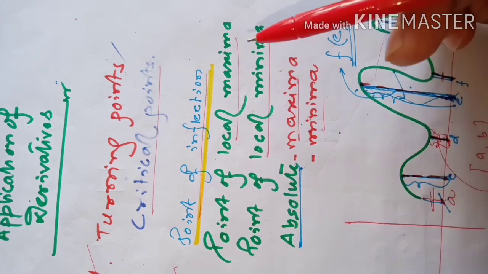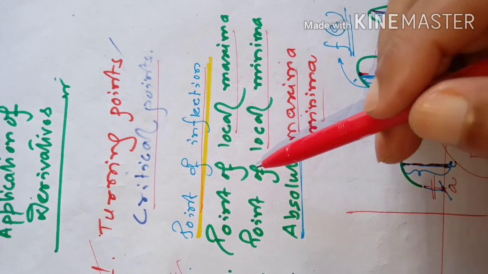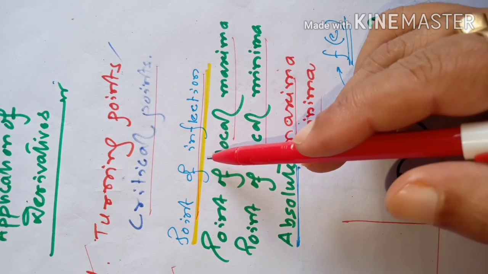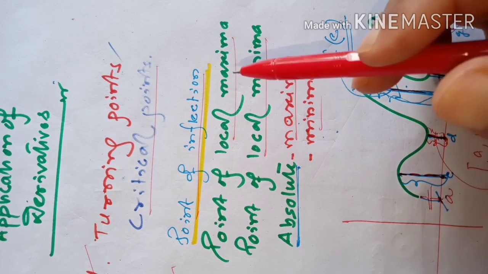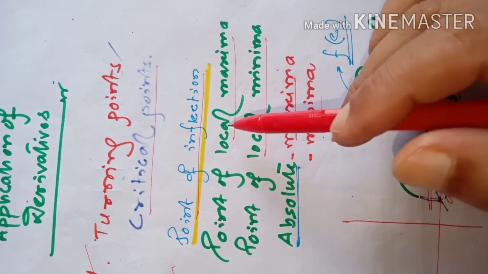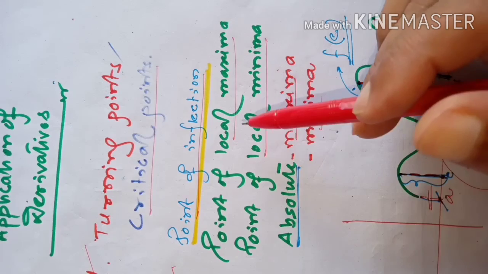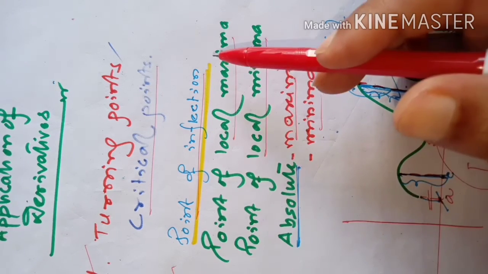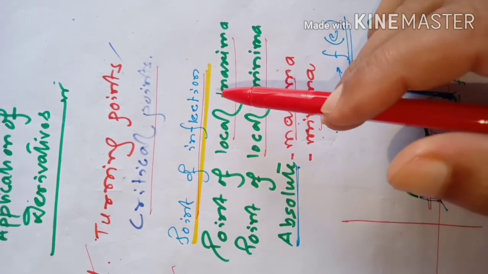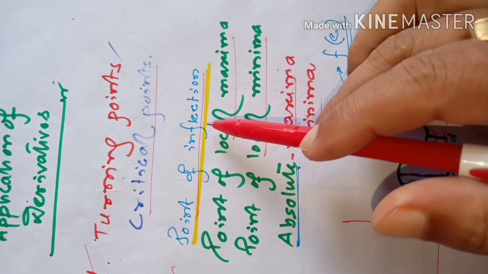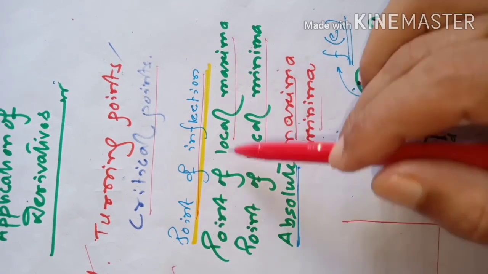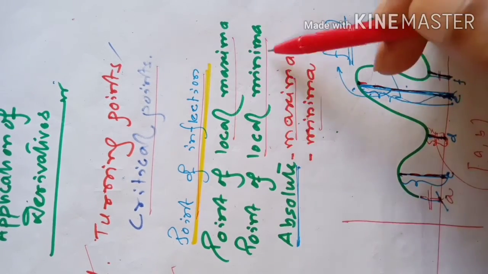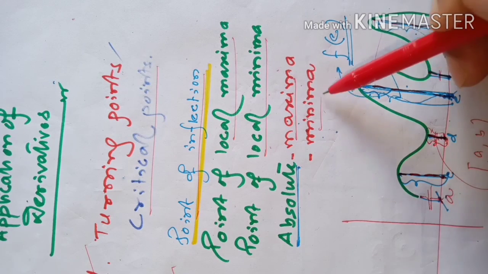We can find it out because at the point of inflection the sign of the derivative will never change. Throughout the whole graph the sign of the derivative will not change except at the point of inflection, where it will show neither positive nor negative. Point of local maxima we understood, point of local minima also, and absolute maxima and absolute minima.